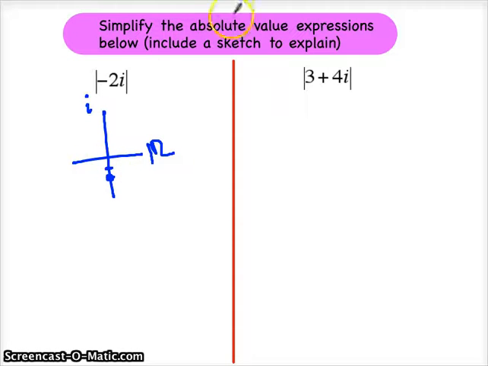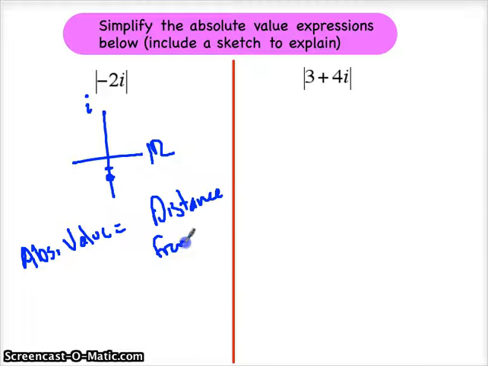So remember the absolute value being the distance from 0, absolute value equaling distance from 0. Well, we went exactly 2 units down to negative 2i, or negative 2 on that imaginary axis. So therefore, we are exactly 2 units from 0.